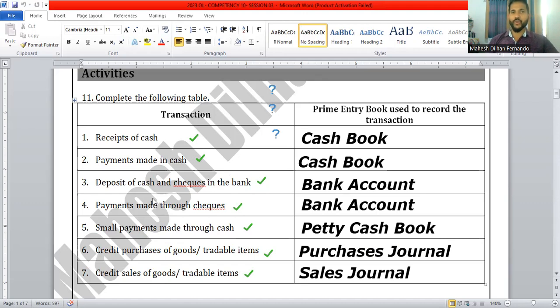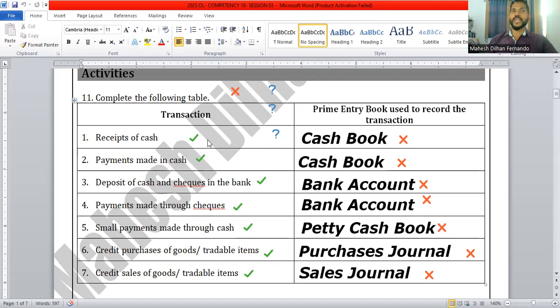Listen to me. We have a few more transactions, but unfortunately, those transactions cannot be recorded in any of these prime entry books.